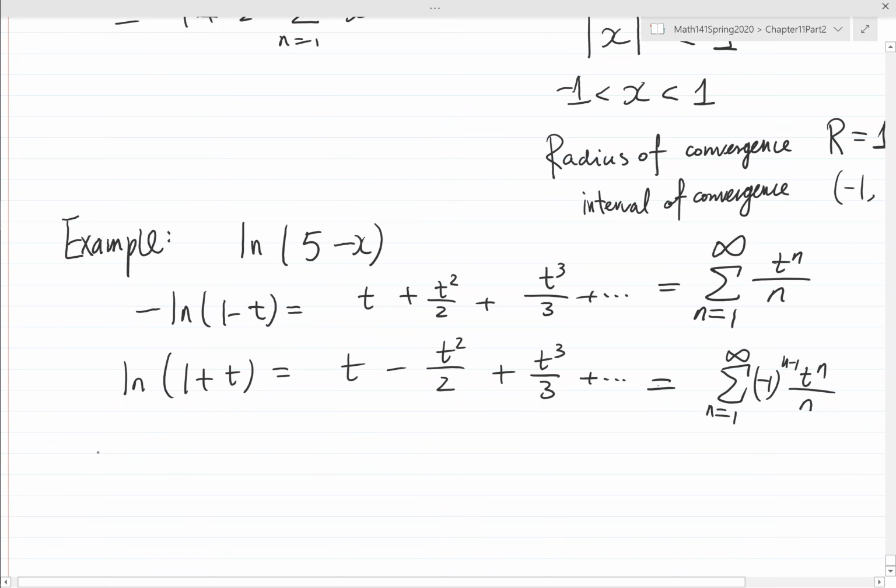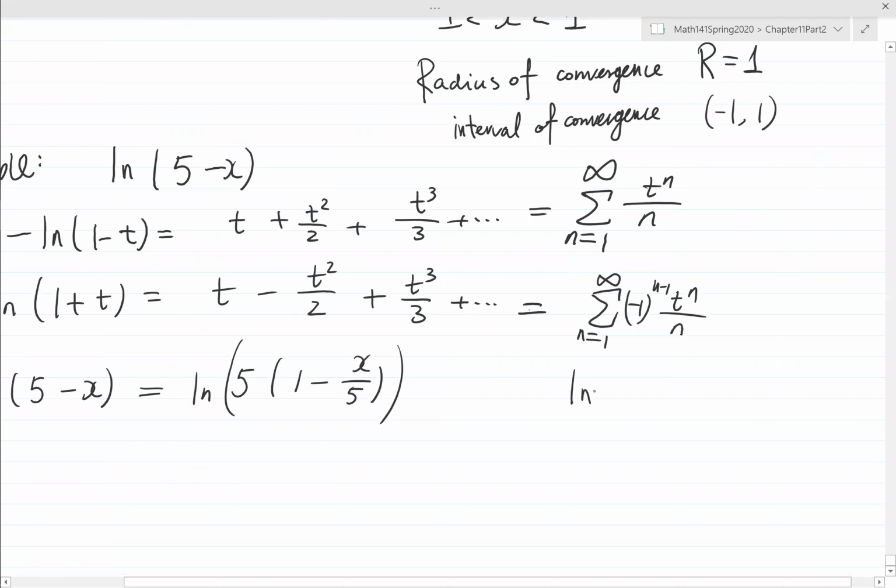So here we have ln(5 minus x), which is not of the form ln(1 plus t). We don't have 1, so what we do is factor out a 5 such that we have 1. Remember, the property of ln: ln(a times b) is ln a plus ln b.